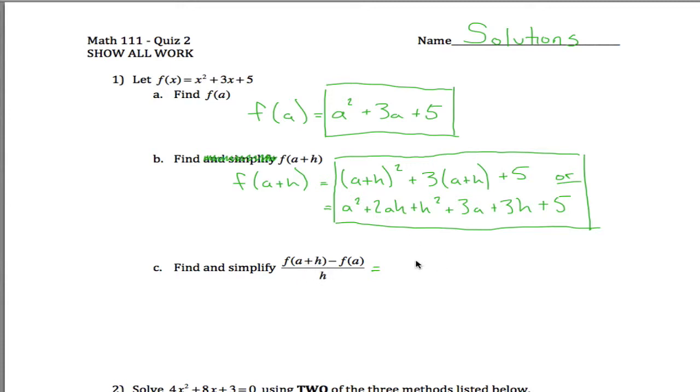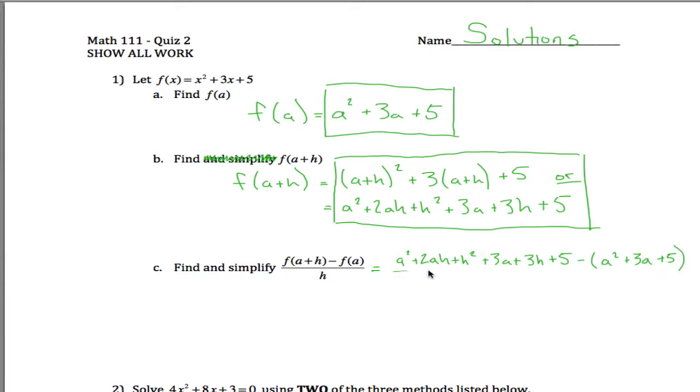F of a plus h, I figured out that that was a squared plus 2ah plus h squared plus 3a plus 3h plus 5. All right, that's what f of a plus h is, all this mess. And from that, I want to subtract whatever f of a is, which I figured out up here was a squared plus 3a plus 5.